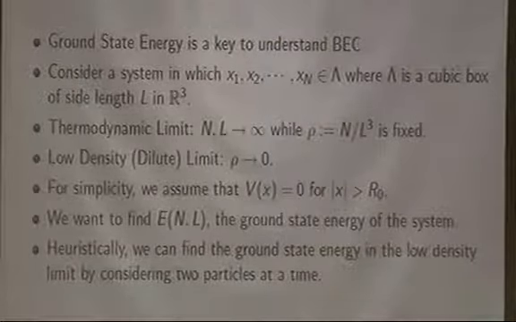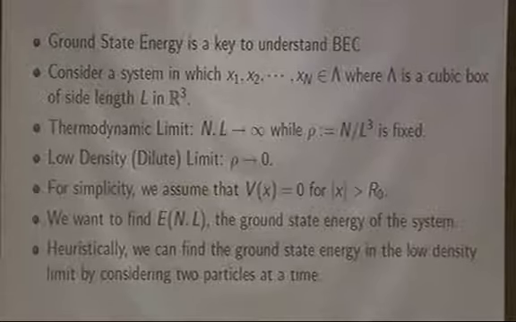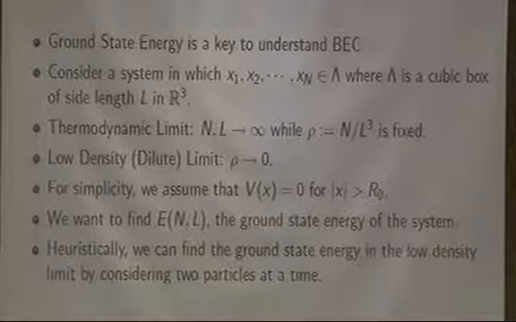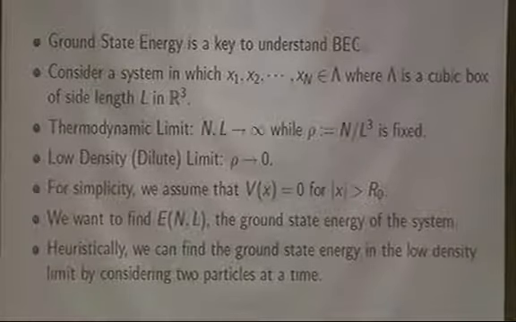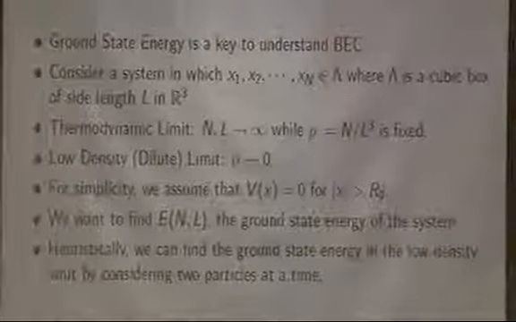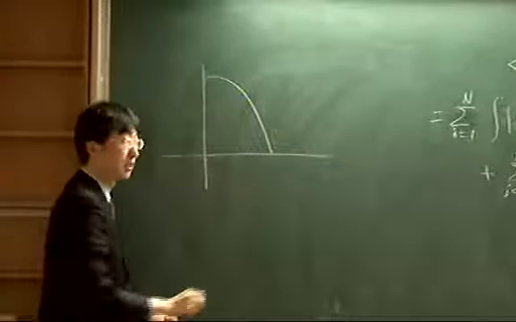And for simplicity, we only want to consider potentials that vanish after a certain length. And in most cases, we will also only consider V non-negative, or repulsive in the physical meaning. So the typical shape of V looks like this.